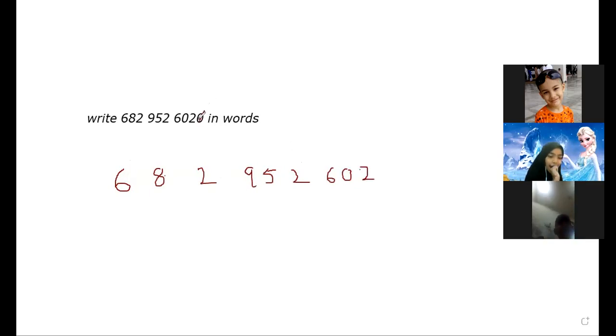This is extra, sorry. Now we know this one is unit, this one is tens, this one is 100, the next one is 1,000, and the next one is 10,000. And the next one is 100,000.